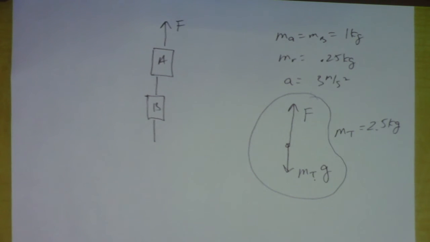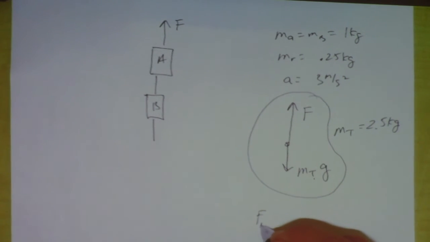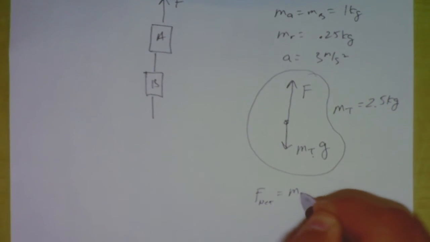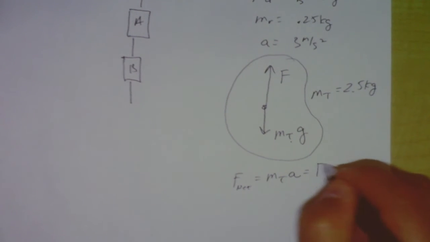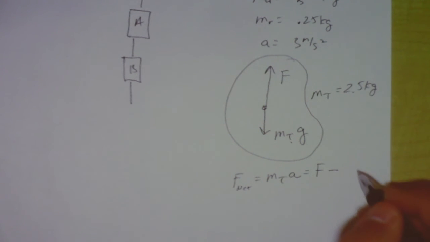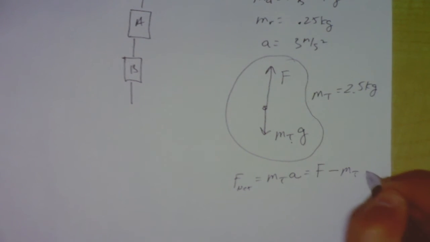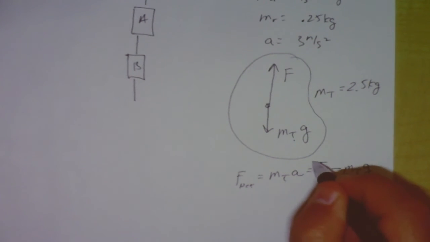Okay. So I could use Newton's second law. The net force is the total mass times a. So this would be this random force that you're just calling F minus the weight of the whole thing. So this is the part that I had to supply here.